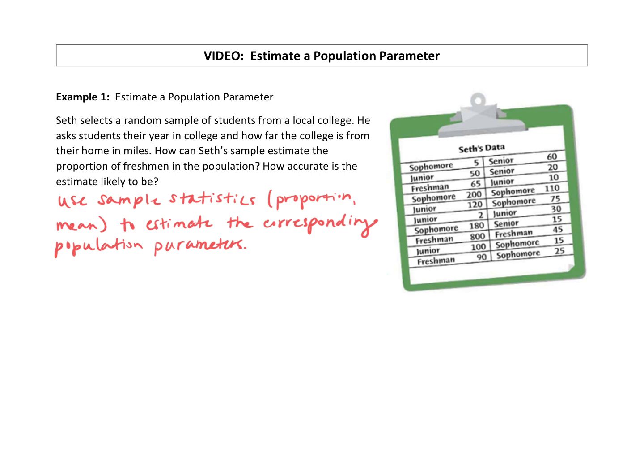So what that means is that we can use the proportion of freshmen in the sample to estimate the proportion of freshmen in the entire population. So that's what we're going to do.